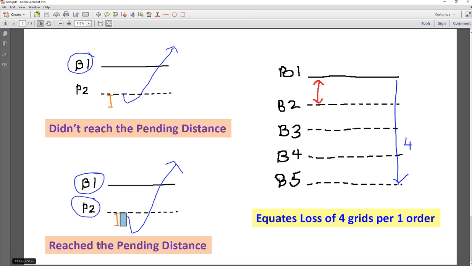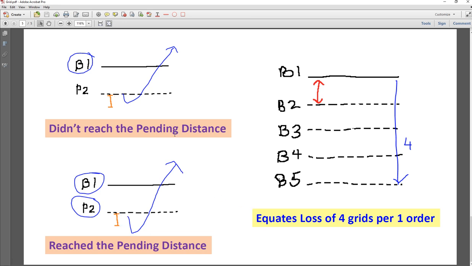So it reached the pending distance. Then it activates this P2, which means once the market comes back up, it's going to buy P2. So now you'll have 2 orders once the market comes back up.